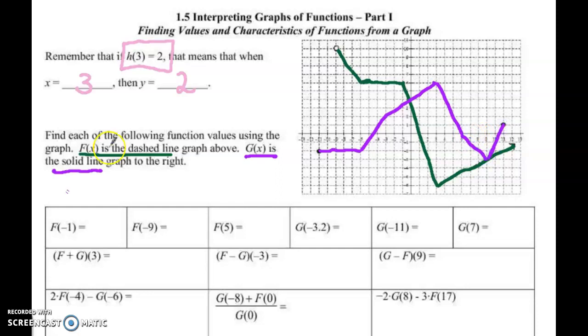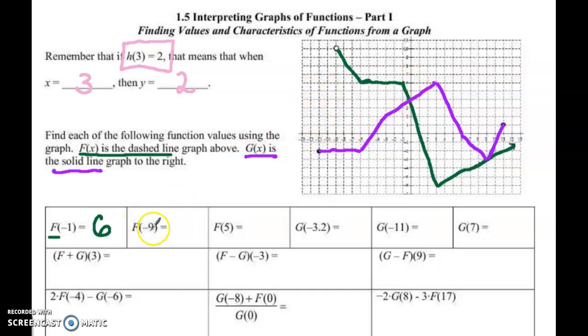So anyway, when we ask for f, that's telling me to go to the green dashed line if you did color code. And when x is -1, I go to where x is -1 and go up on my graph. Mine is not very clear, so I'm going to count 1, 2, 3, 4, 5, 6. The y value is 6 for that one.